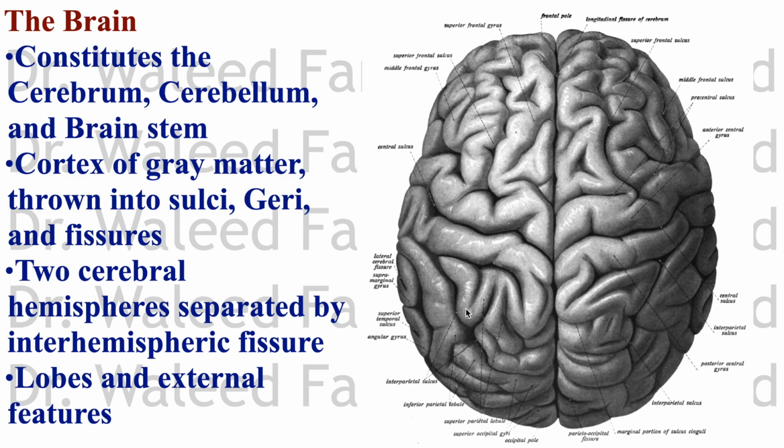Function-wise, this is the association sensory area, and at the sides we will see it in a different picture is the temporal lobe, and we can subdivide it as well. In the floor of the interhemispheric fissure, you will find the corpus callosum connecting both sides of the cerebral hemispheres.